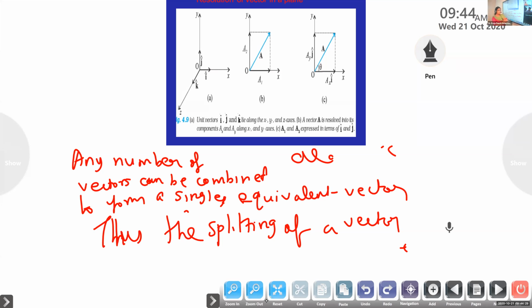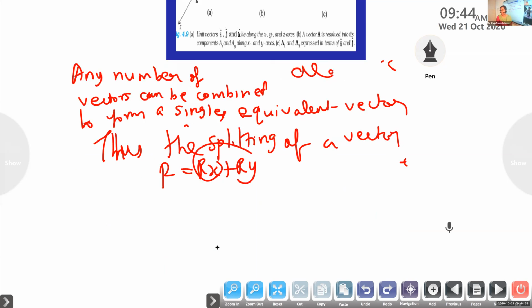Okay. Next point. See, when I say vector R is equal to Rx plus Ry, where Rx, Ry are its components in the XY plane, in that case this Rx, Ry is the magnitude. Whenever we add or subtract vector components, keep in mind that what we add is magnitude, not the vector as such.